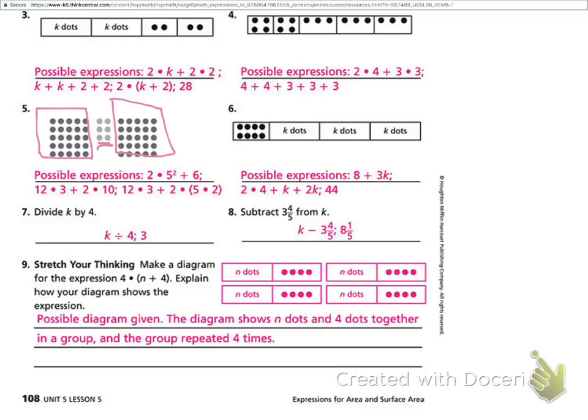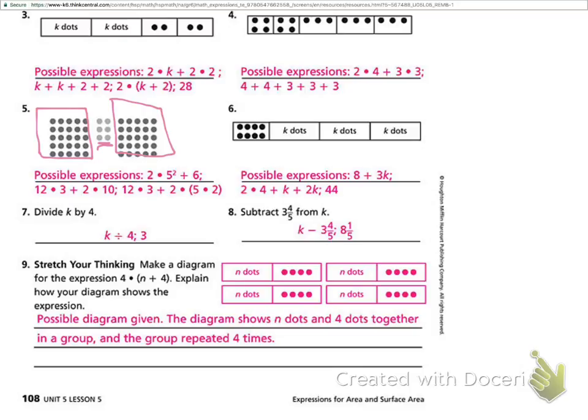Add 6. So there you go. That would be one example.